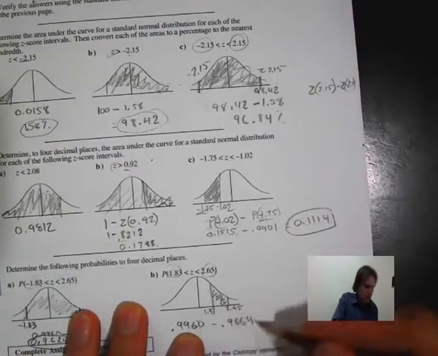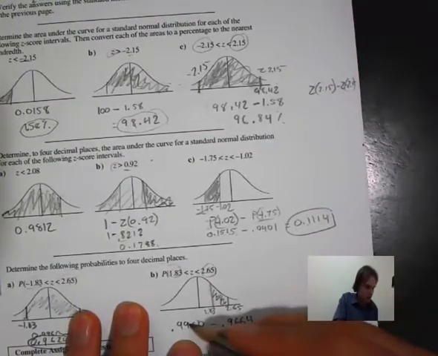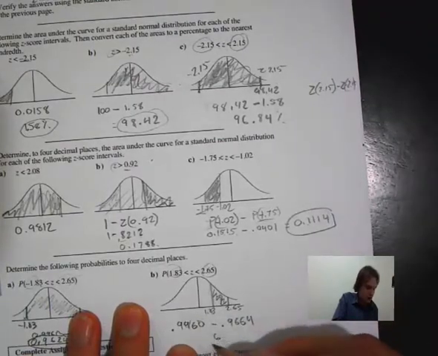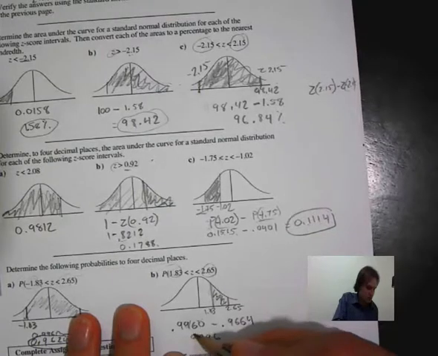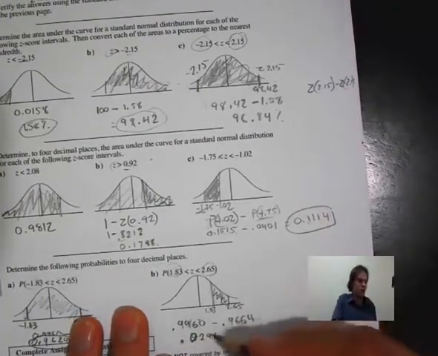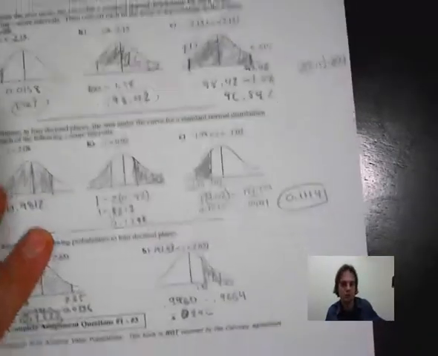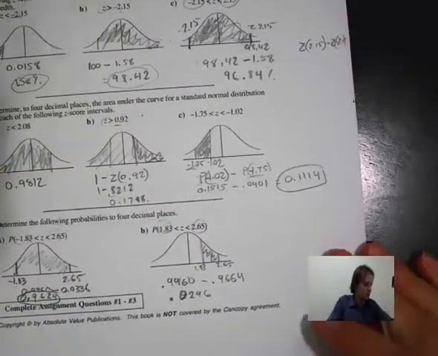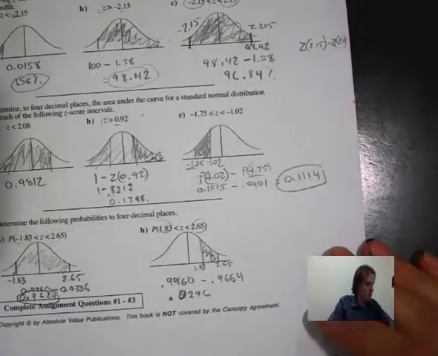I get 0.0296. That's like 2.96% if we do that. All right? So that's how we do that little bit there.